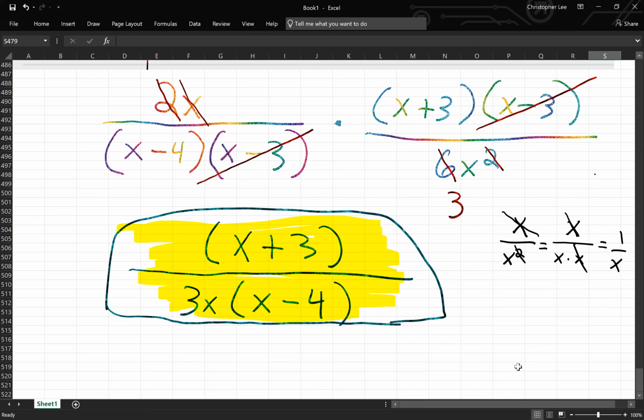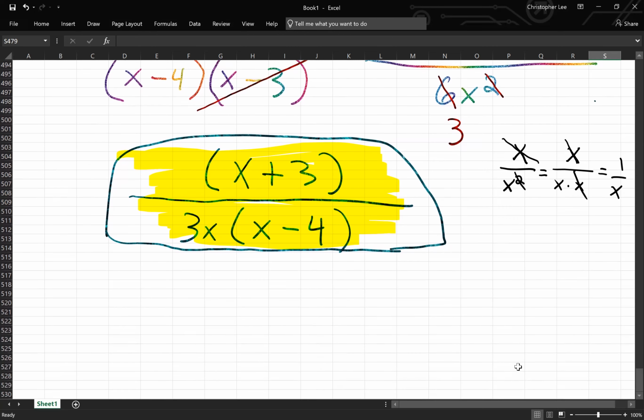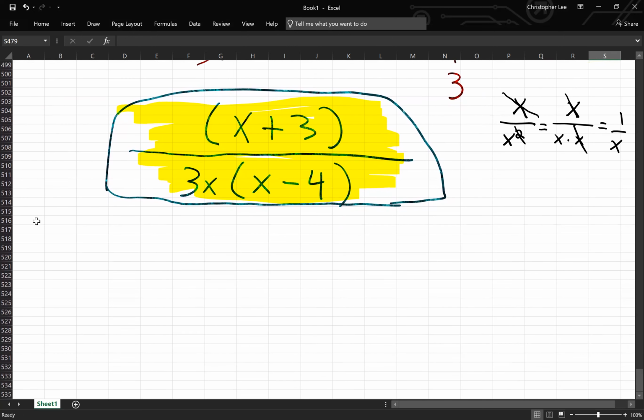The 2 is in the numerator, and 2 and 6 can reduce to like 1/3. So basically, the way I think about it, 2 goes into 2 once, 2 goes into 6 3 times. And that's how the 6 becomes a 3. That's it. You guys try.